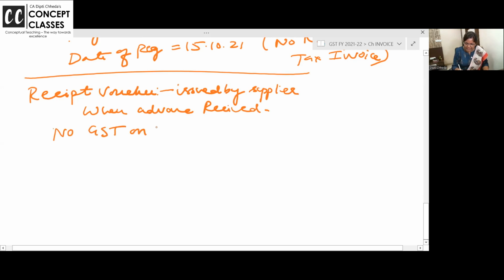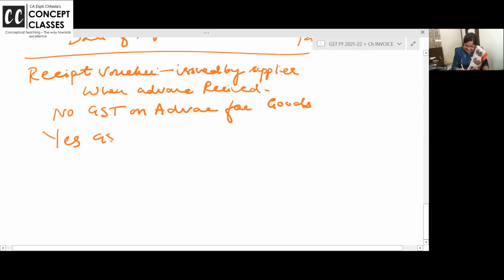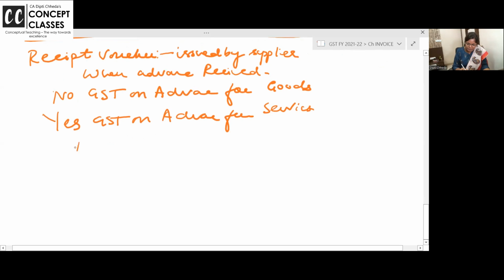No GST on advance for goods. Yes, GST on advance for services. Whatever you have paid in advance, like the function hall you booked 6 months prior. If the rate is not clear, take 18%.